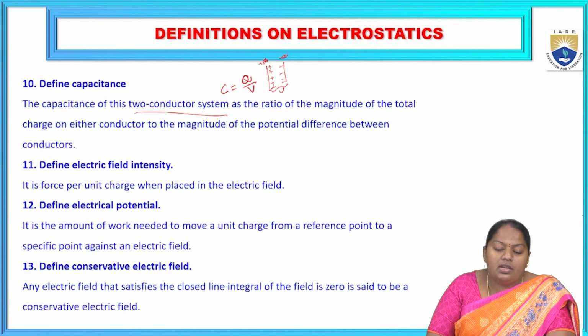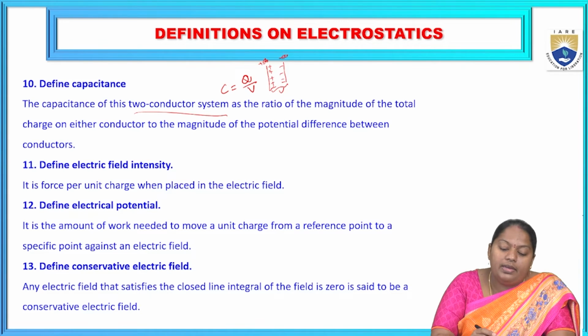So mathematically we write C equal to Q by V, and capacitance C is measured in farads.